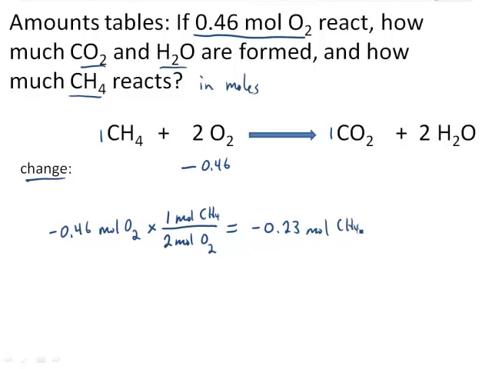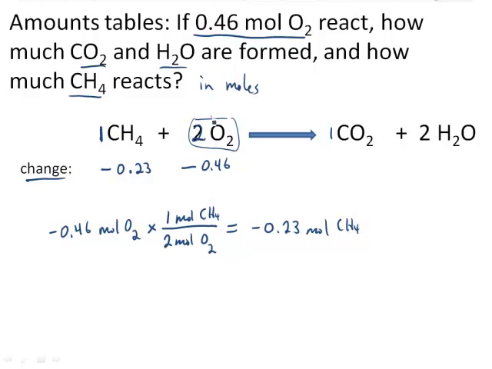That is, that's the change in CH4. So it's minus 0.23. Now you could just do that in your head because you know that this O2 is reacting 0.46 moles, and you know for every 1 CH4, 2 O2s react, or for every 2 O2s, only 1 CH4 reacts. Half as much CH4 reacts as O2. So the amount of CH4 decrease should be half that of the O2 decrease.